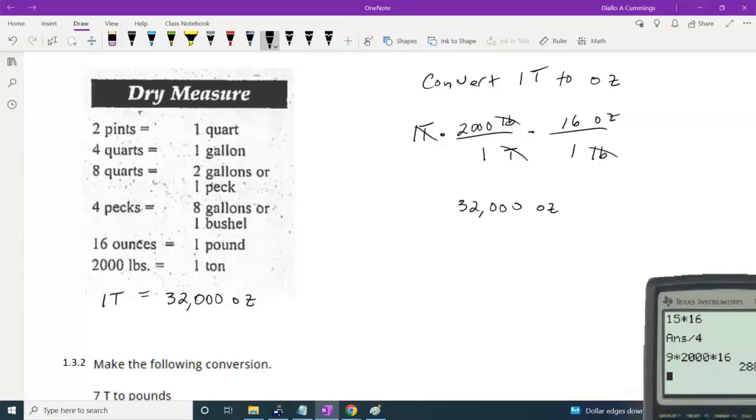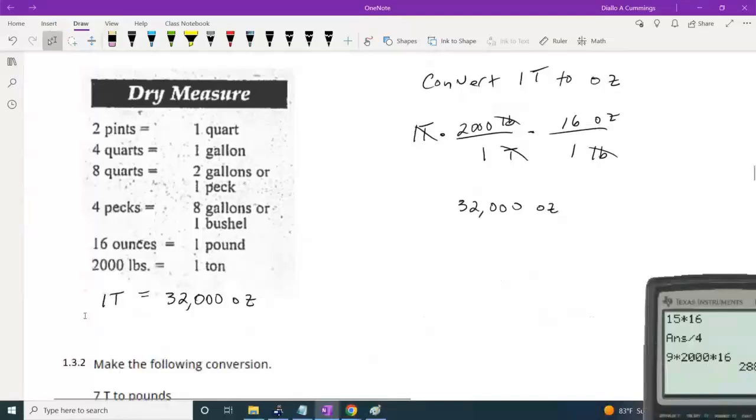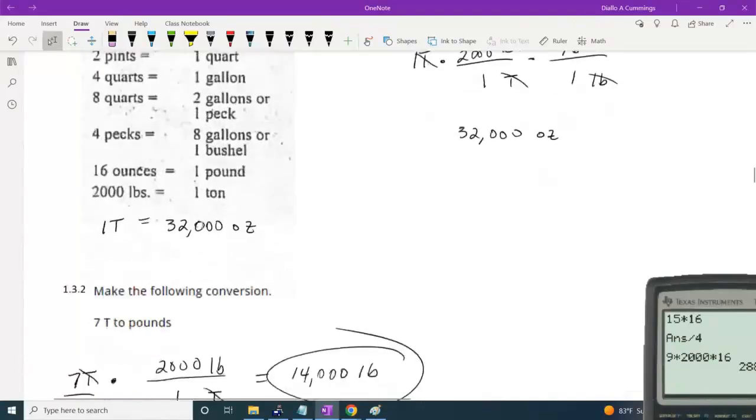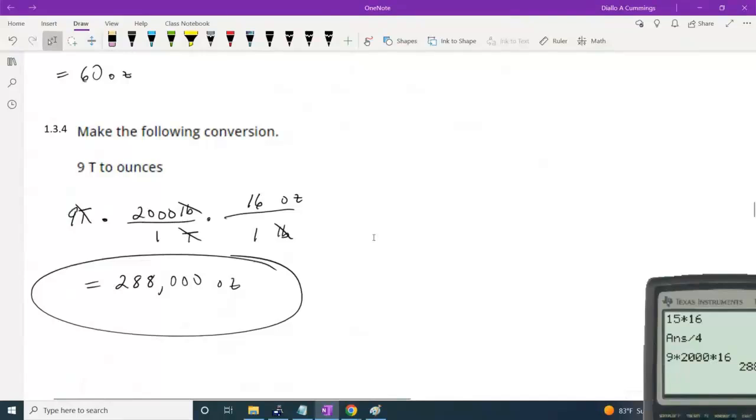Okay. So if you ever have to convert from tons to ounces, since we have a direct conversion, right, I don't have to use 2 unit fractions. I can only use 1. So let me just show that again with the same problem. Let's say this one. Okay.